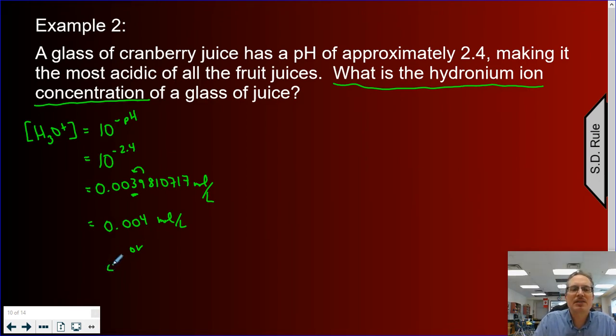So I would call this 4 times 10 to the negative 3 moles per liter. Again, 1 total significant digit to match the 1 decimal place on the pH.